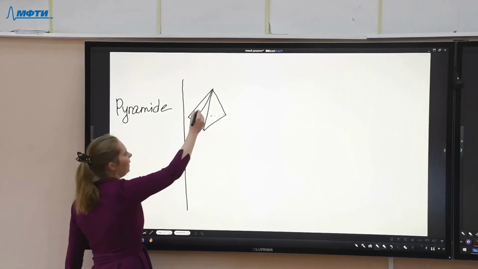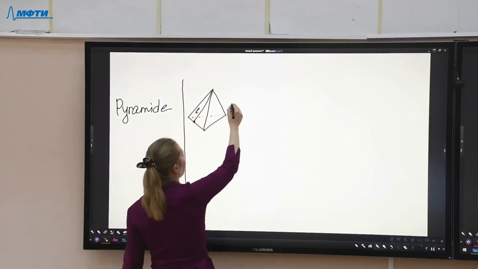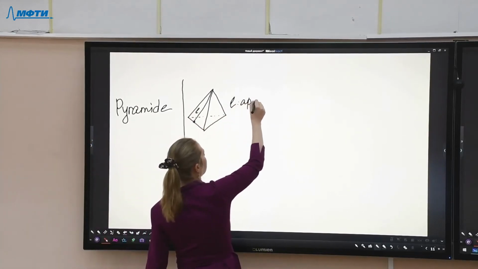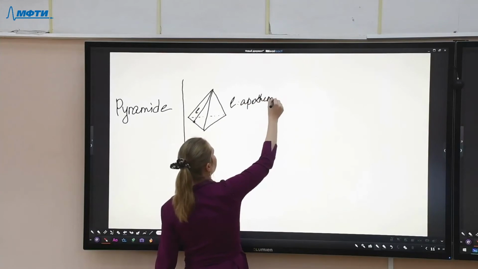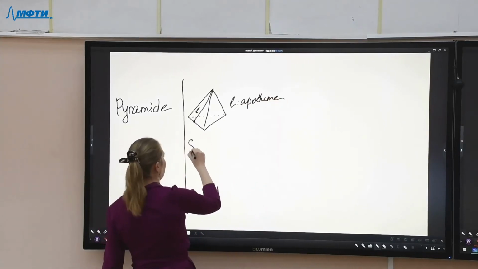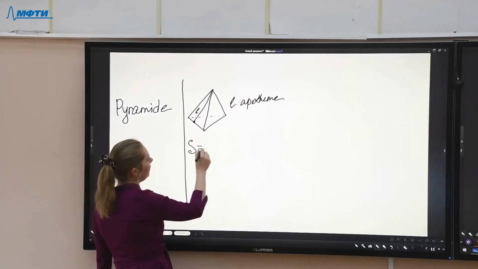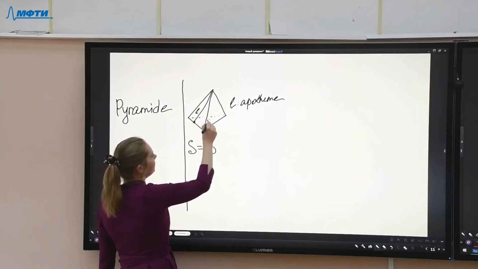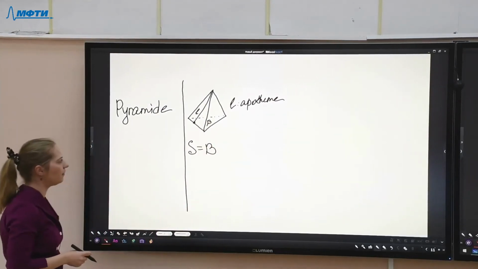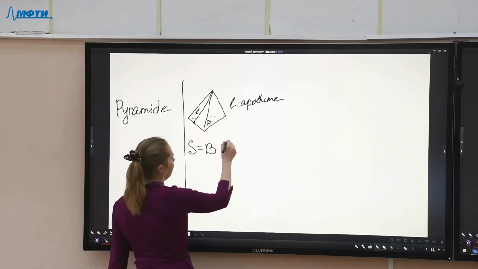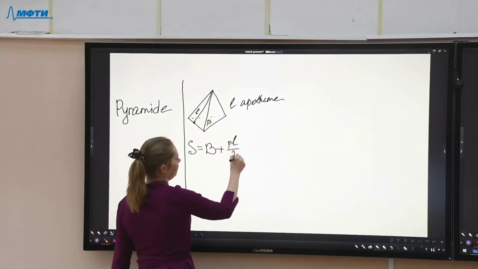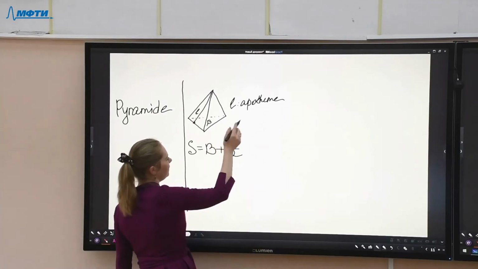Let it be L, the so-called apothem. And the area of a surface of such a pyramid will be B, the area of a base, plus PL over 2. Here P is the perimeter of a base.